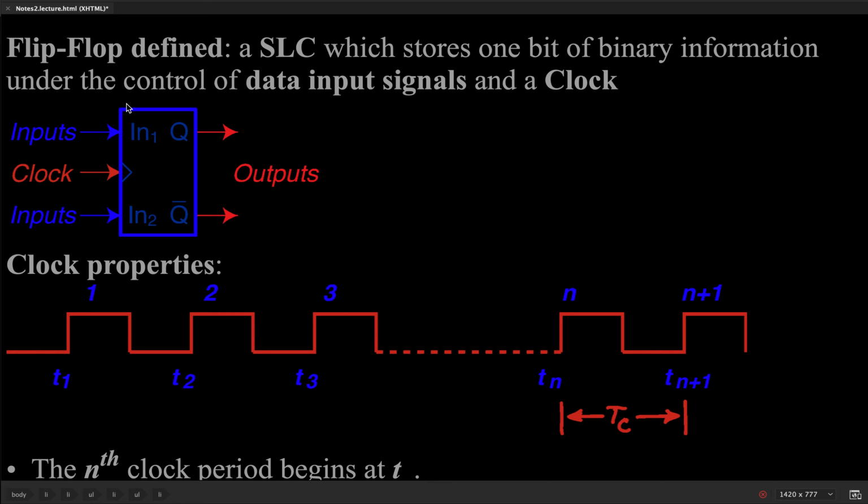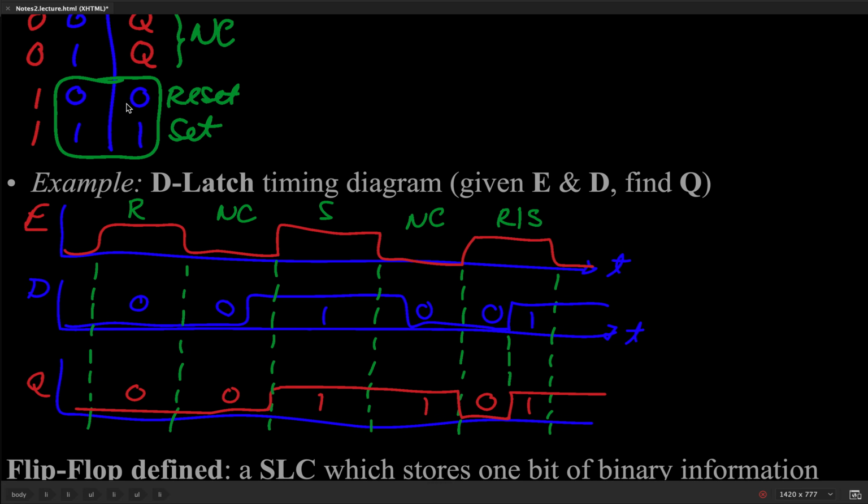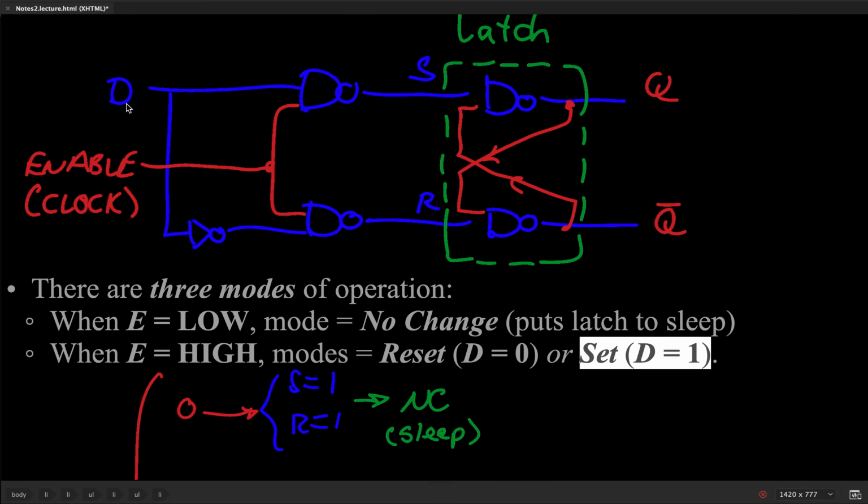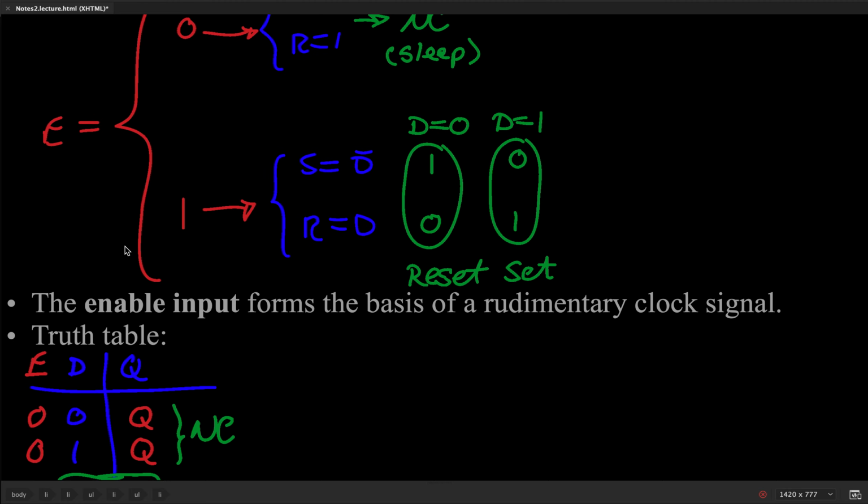Well, the closest thing that we saw to a clock was this circuit here. The enable and the clock are going to function in similar manners, but it doesn't quite behave the same way, and we'll explain that in the next video.